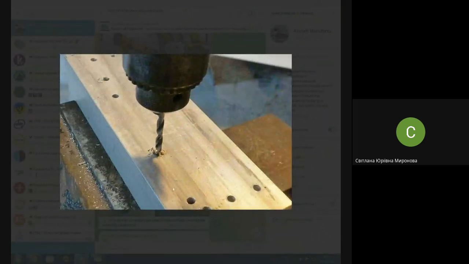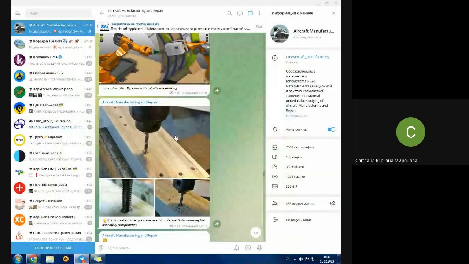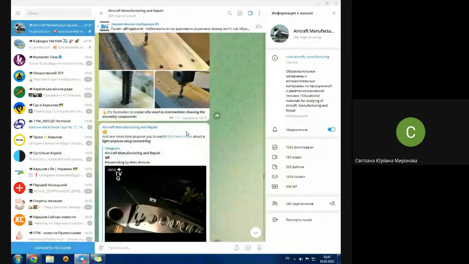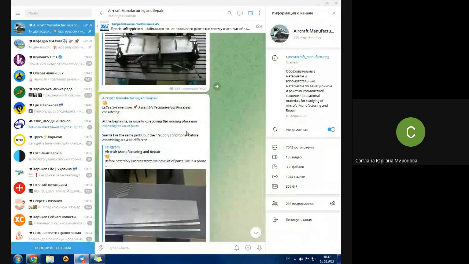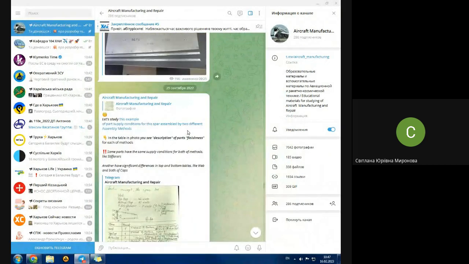So after we drill holes, first we have so-called preliminary dismantling. We dismantle parts, again remove them from the jig, and next assembly holes and assembling in a jig. The process is very similar. In that example of the process that we're going to give you, you will see it's almost the same.